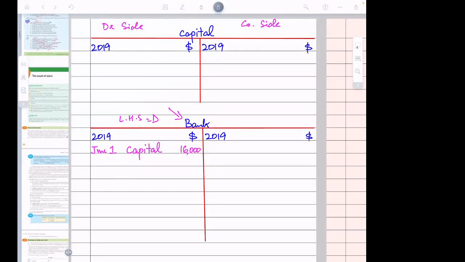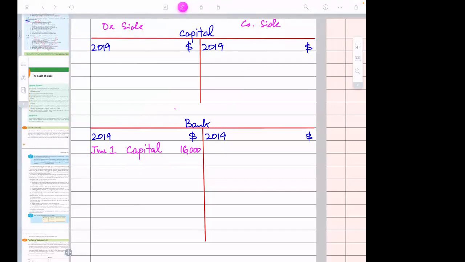We are talking about the bank account here, so we are debiting the bank account. Why do we write the name of the other account? Whenever we look at the debit side of the bank, we will immediately know that the corresponding entry is on the credit side of the capital account, because capital is written there. So we know how to check the entries this way too. Bank account will be debited and capital account will be credited.